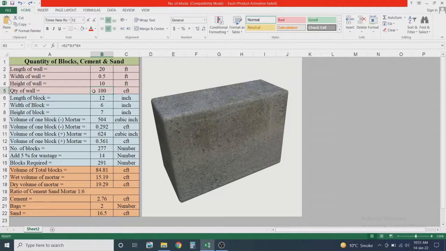Now I will need three more things. The block which will be used in our particular construction will have some specific dimensions. In my case, I have assumed the length of the block is 12 inches, width of the block is 6 inches, and height of the block is 7 inches. From these three dimensions, I will calculate the volume of one block without mortar.